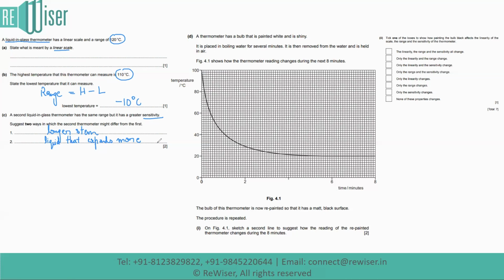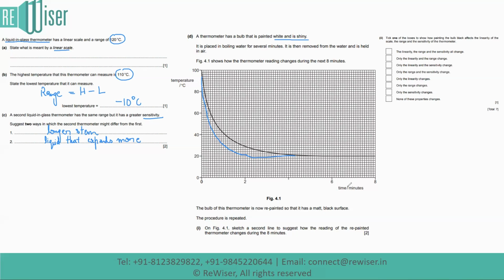Consequently, when it is painted black and matte, the energy that it absorbs is much more when compared to the initial white and shiny condition. And as a consequence, the decreasing gradient is much faster, all the while finally ending at the same 20-degree line.